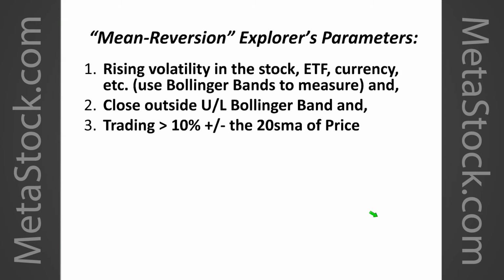So either 10% above or 10% below. If the close of the day is outside the upper Bollinger Band, we're looking for price to be trading 10% above the 20 SMA. And if it's outside the lower Bollinger Band, we're looking for price to be trading 10% under the 20-period moving average. And we're looking for that to be triggered anytime during the trading day.